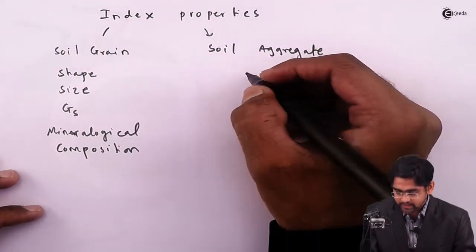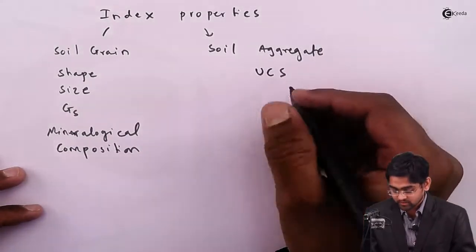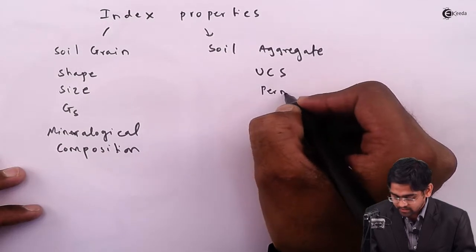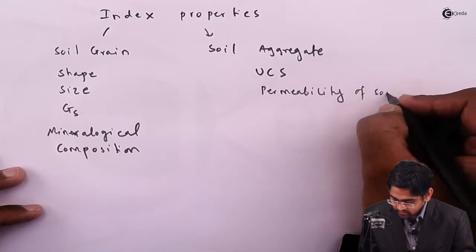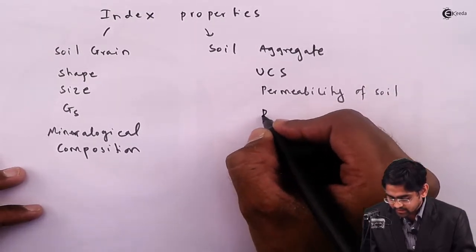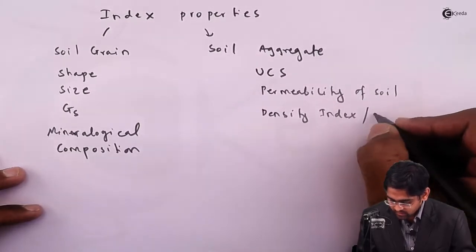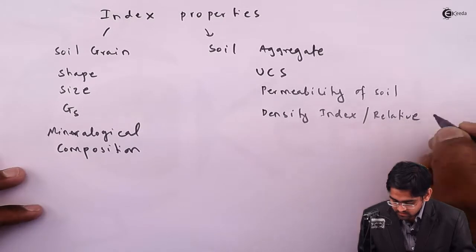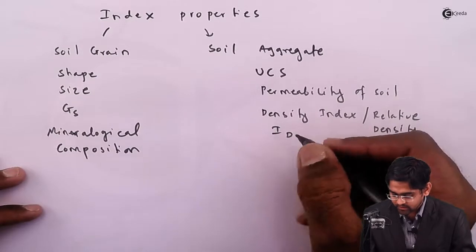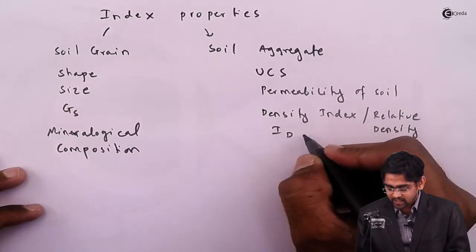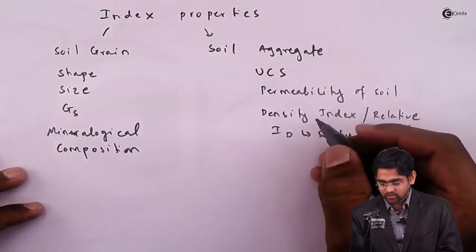And soil aggregate properties, we have seen like unconfined compressive strength of a soil, permeability of the soil. We have seen the density index or relative density. The density index or relative density is denoted by capital S suffix small d, and it is related only to sandy soils; this term is only applicable to sandy soil.